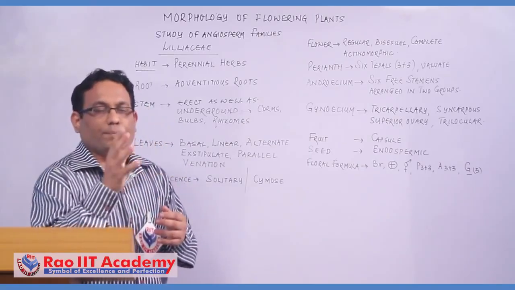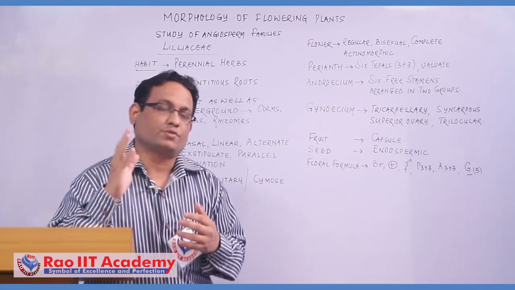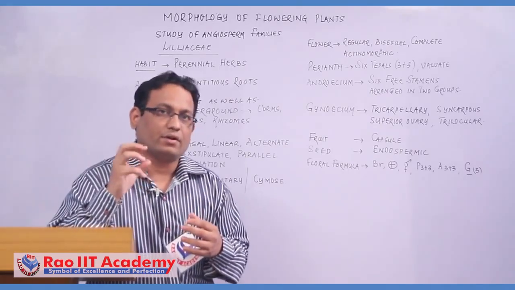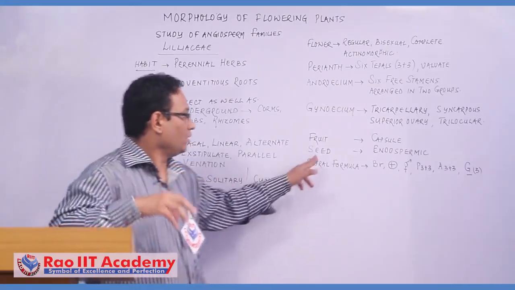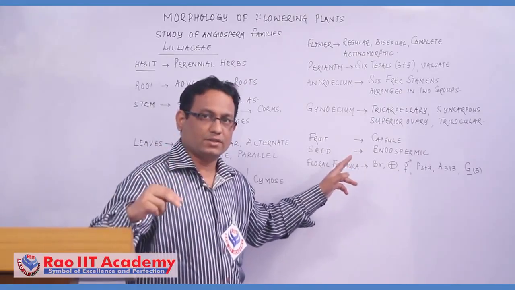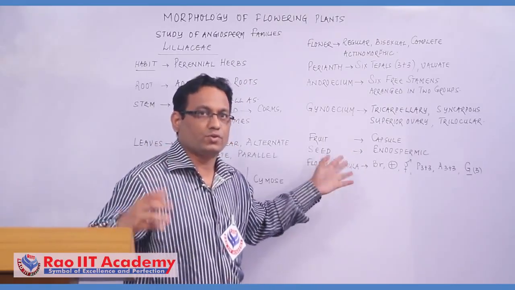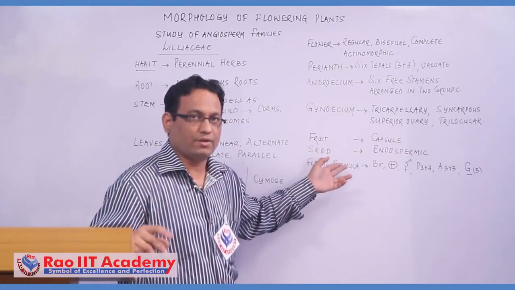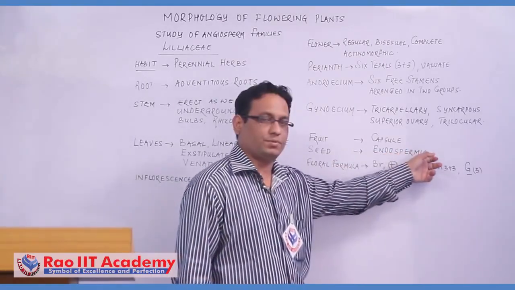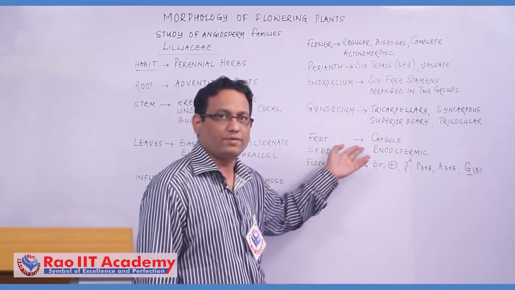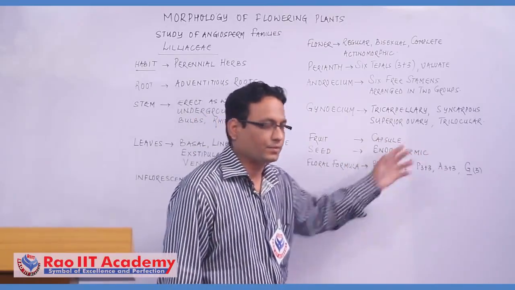From the tetramerous to the pentamerous condition of the dicot plants, we have the trimerous condition in monocots. Further, in the seed, there has been a reduction in the number of cotyledons, which were usually storing food, and now we have a single cotyledon and the food storage is managed by the endosperm. Hence mostly we would have endospermic seeds.